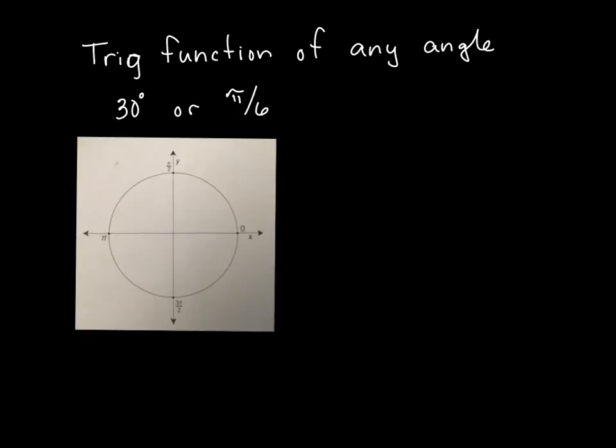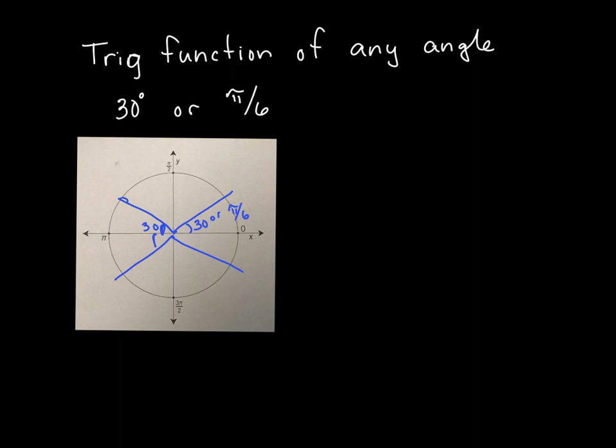All right, so now that we've talked about reference angles, we know that this is 30 degrees or pi over 6. And then we also have the reference angle over here, where it's measured from here, or here is 30 degrees, for pi over 6.